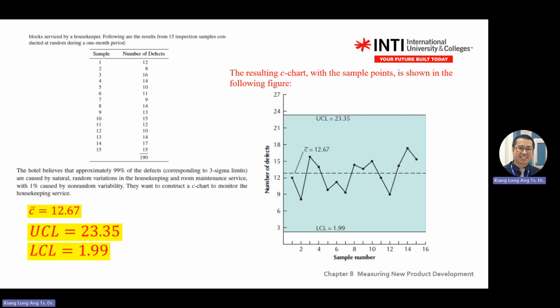Okay, so at the end, for all this P chart, C chart, you still need to tell us whether it is in control or not. So it is in control because it's within UCL and LCL, and you need to tell the trend of the data. Where does it accumulate? On the top, below, or in the middle?